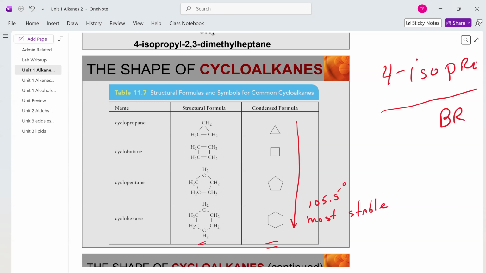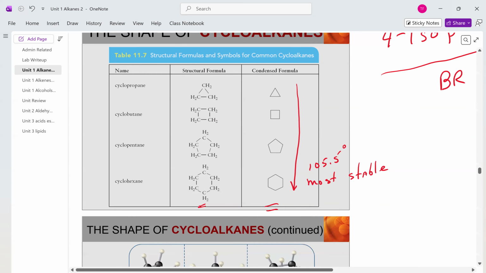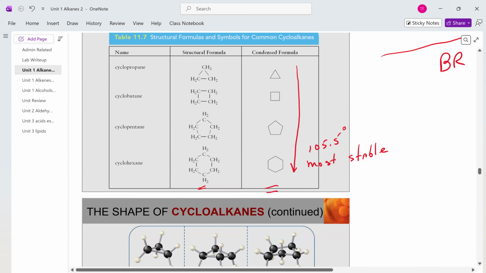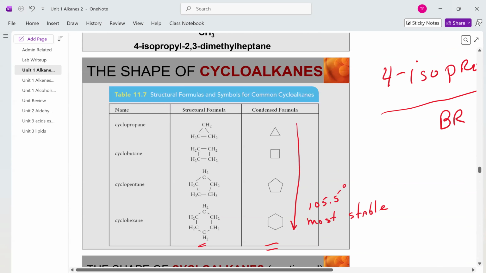Okay. All right. Are there any questions? Okay, so let's go ahead and go on. This is the most stable one here, the cyclohexane. The higher up we go, the more strained the angles are. So this one here is the least stable.